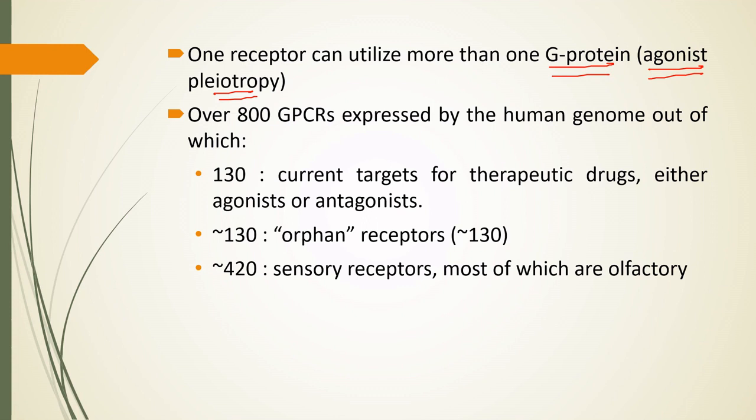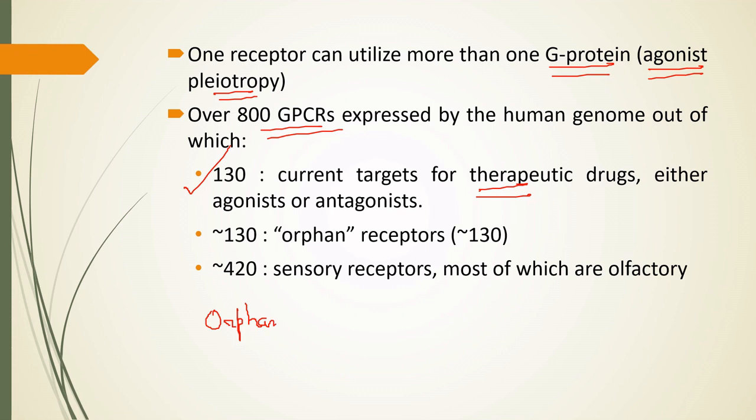In humans, we have 800 GPCRs. Among those 800 GPCRs, currently we have 130 GPCRs that act as a target for the therapeutic drugs, either as an agonist or as an antagonist. You have 130 which are orphan receptors. What do we mean by orphan receptors?